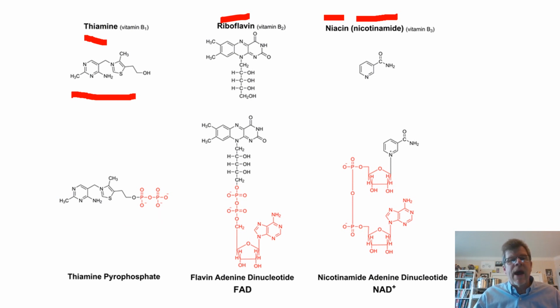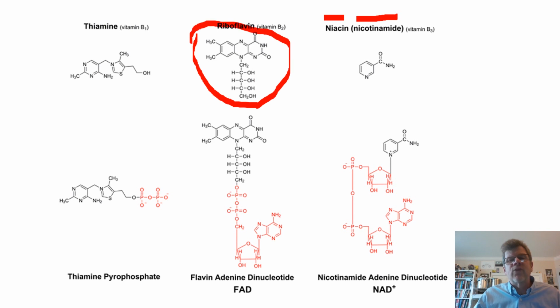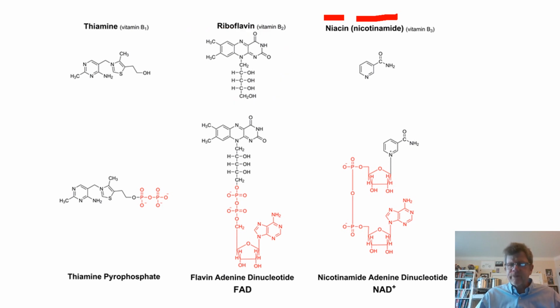Now, let's see, riboflavin. Riboflavin is this structure that we see up top here. Ribo, because it has ribose, there's a ribose sugar right there, and this fused three-ring system is known as a flavin molecule, so it's called riboflavin. And what the body has to do in red here is tack on some phosphates, tack on a sugar, and this nitrogenous base right here.